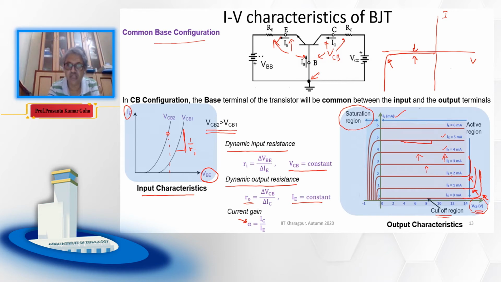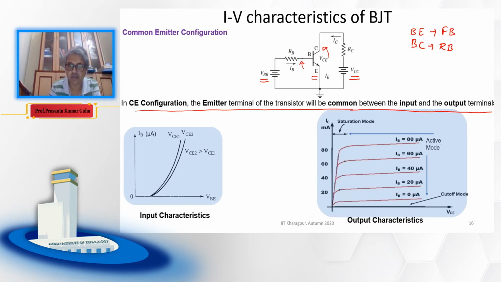What about here? Here, the supply voltage is connected between collector and emitter. You see, the negative terminal is connected to the emitter and the positive terminal is connected to the collector.